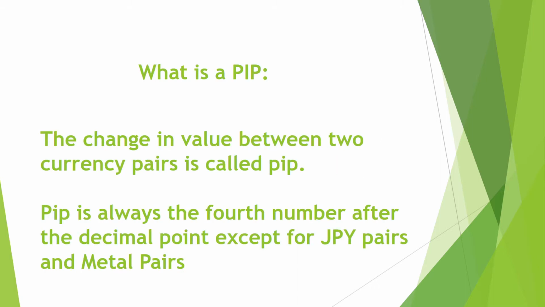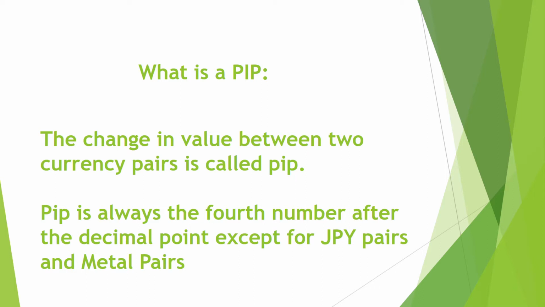What's a pip? The change in value between two currency pairs is called a pip. Pip is always the fourth number after the decimal point, except for JPY pairs and metal pairs. You will understand this as we proceed.